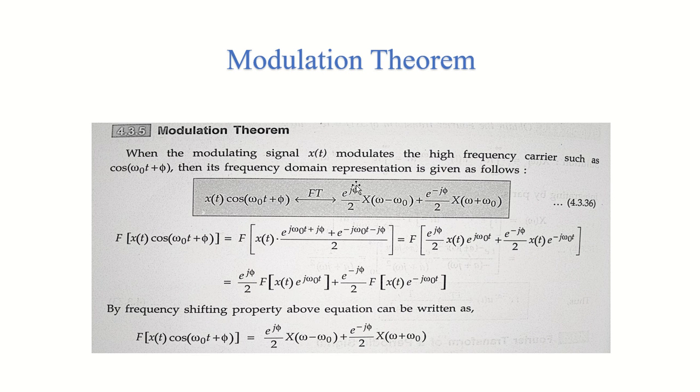This term is not very new to us because we are already familiar with the term e raised to j phi and its relation with sine and cosine. So what you will get is e raised to j phi divided by 2 x of omega minus omega 0 plus e raised to minus j phi divided by 2 x of omega plus omega 0.